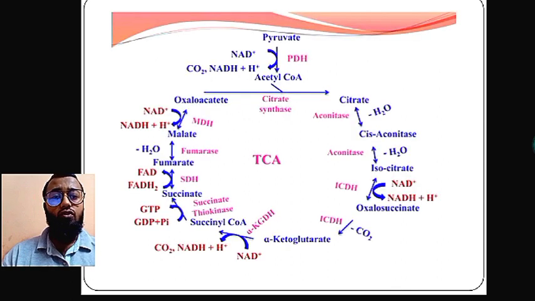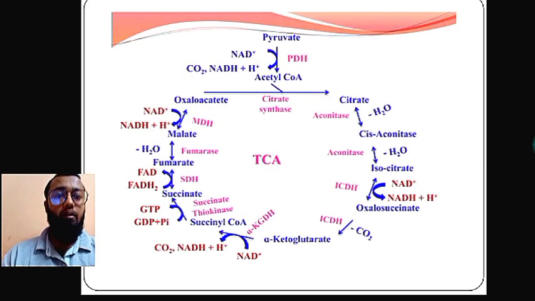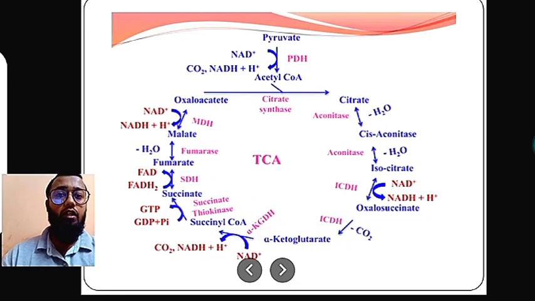First, we are going to see the cyclic diagram of the TCA cycle. So, as I earlier said, the pyruvate is required for the formation of acetyl CoA, and we all know from where this pyruvate comes. This pyruvate comes from the glycolysis pathway, and it is also the end product of the glycolysis pathway.